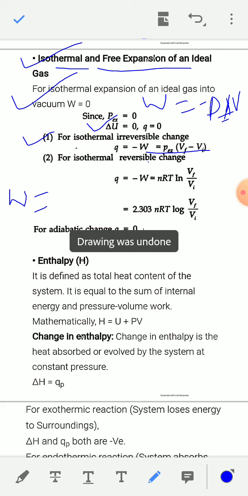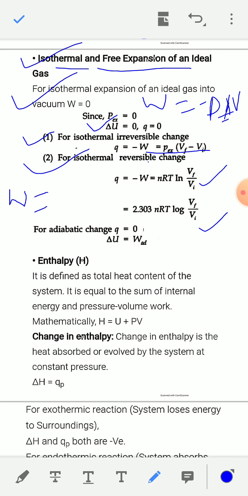For reversible process, W is equal to minus nRT ln V final by V initial, or minus 2.303 nRT log V final by V initial. You can use any one expression. Since this is an isothermal process, delta U is equal to 0, so Q is equal to minus W, or W is equal to minus Q. So Q is also calculated by using this equation.